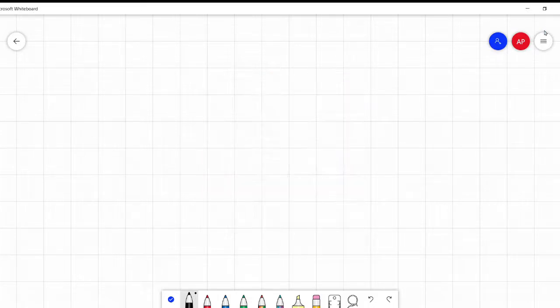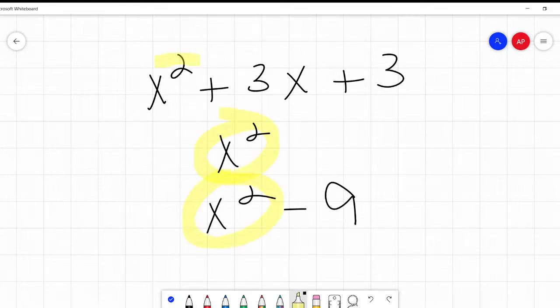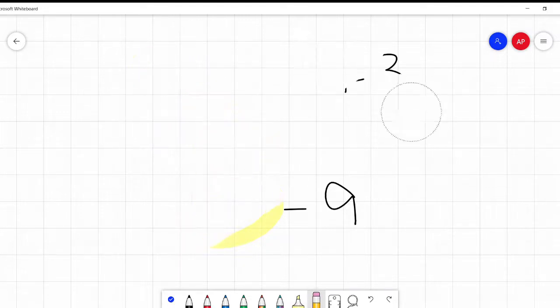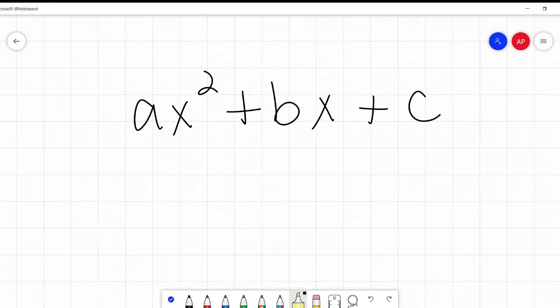Right, quadratic equations. Quadratic equations are things that look like this. Or maybe just like that. Or maybe like that. Have to have an x squared. All of these quadratic equations can be represented by this, ax squared plus bx plus c, where a, b, and c are constants.